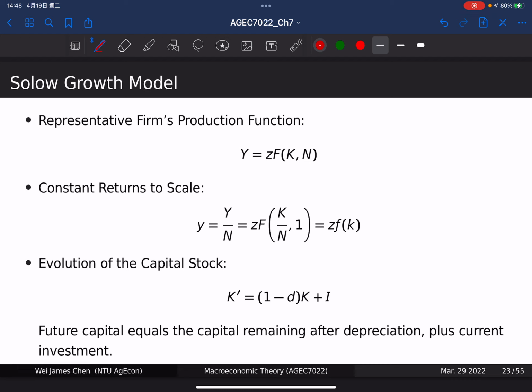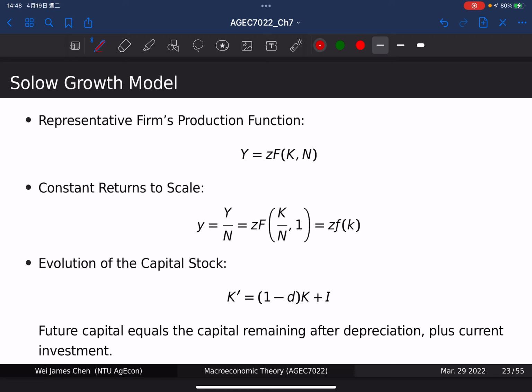Okay, and how is that Y produced? Actually, Y is produced by a production function from the firm, and you should look at this production function and feel very familiar, right? It is again a constant returns to scale production function, using the inputs capital and labor.